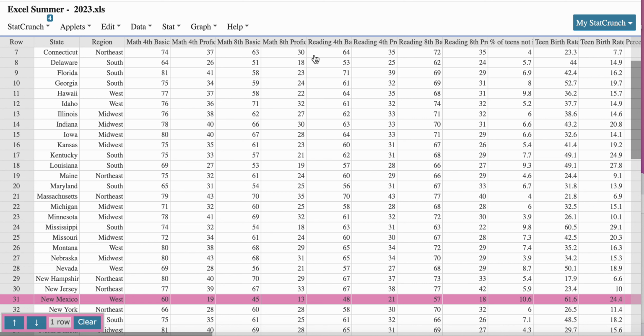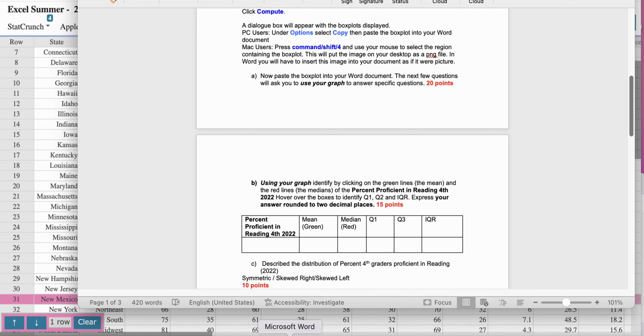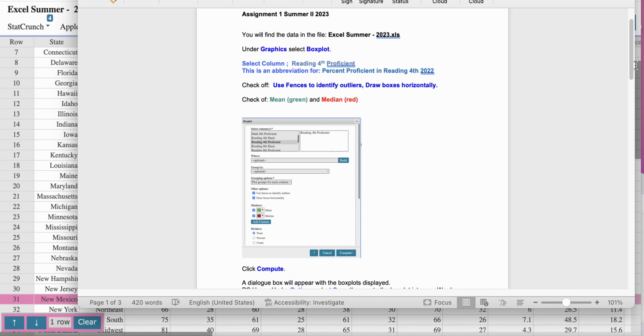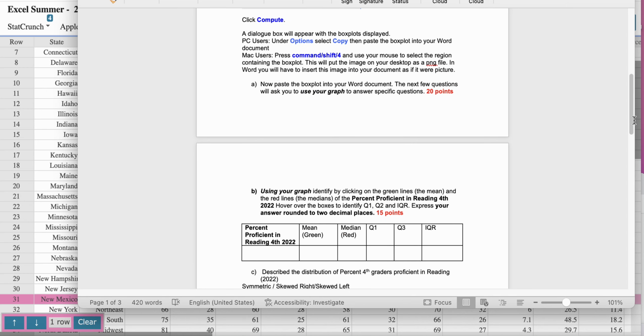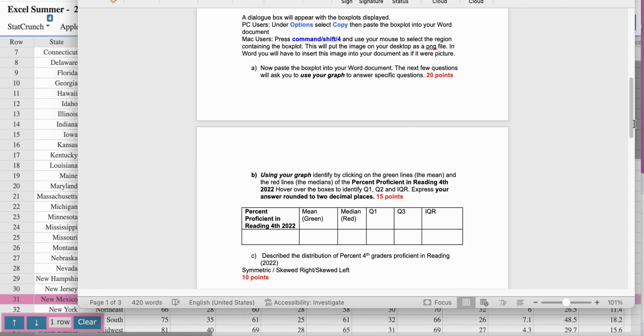Okay, so it might be good to pick up, what do we have here? Microsoft Word. Okay. Now, this says 4th grade. So we didn't do 4th grade. So we're going to fill in the comparable values for 8th grade.